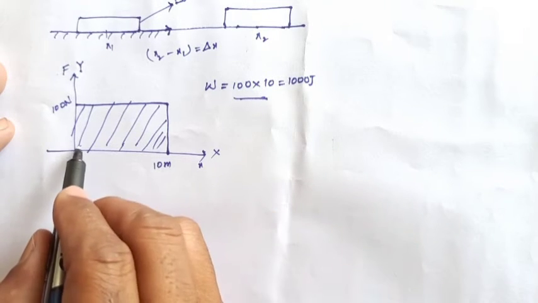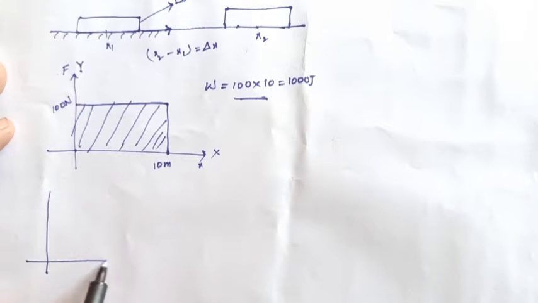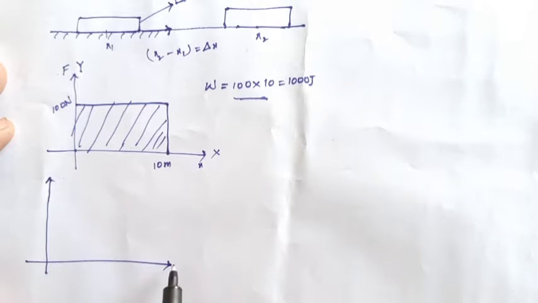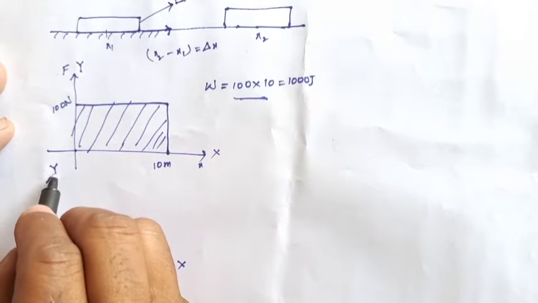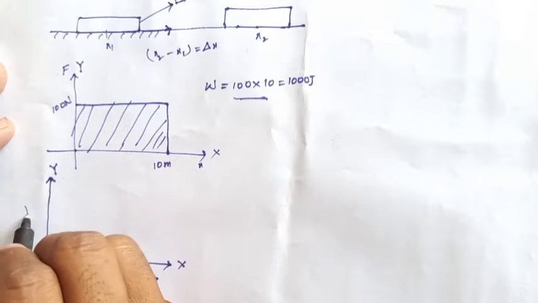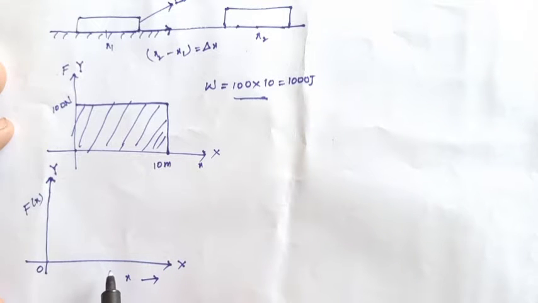For example, we take the x-axis and the y-axis. On the x-axis we take the displacement, denoted as x, from the origin. On the y-axis we take the force along the x direction.